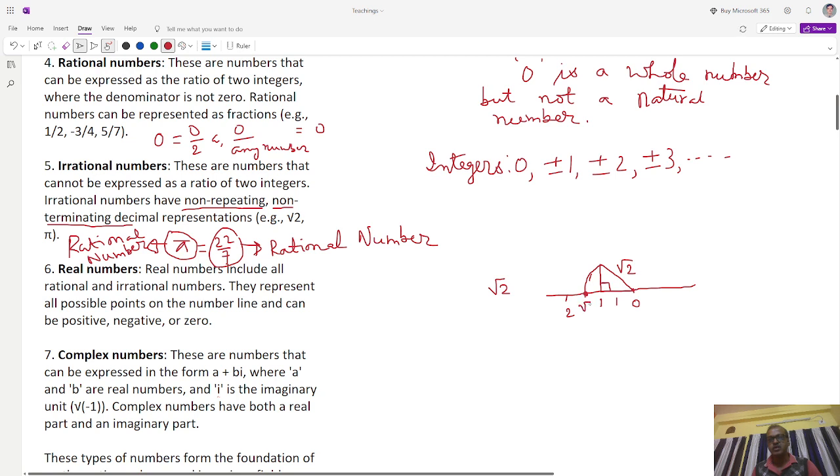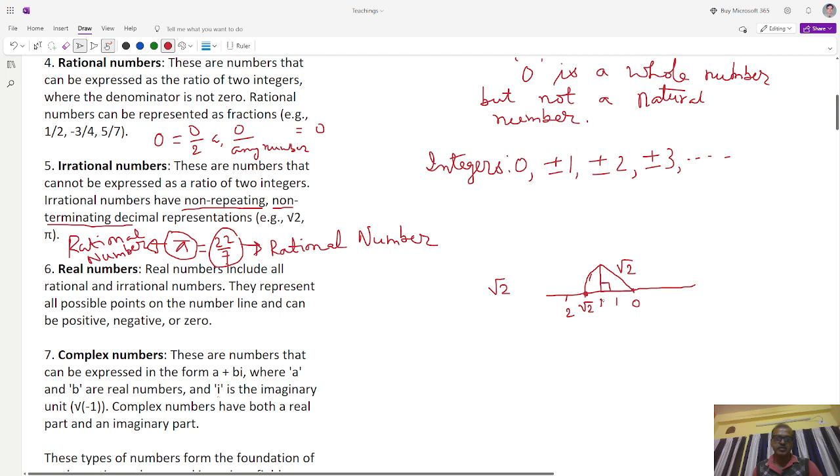This is the point root 2. Similarly, root 3, root 5 can be represented on the number line. Root 2 is an irrational number, but it can be represented on the number line.